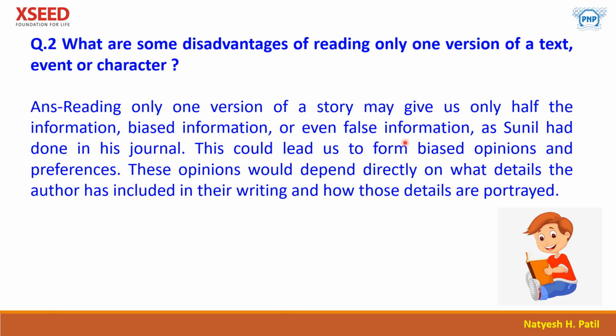But the reality was something different. The reality has been mentioned by Anu, because Anu had written her diary for herself, not to show off or to impress anyone. Correct? So this is the main thing when you read only one version of a text, event, or character. These opinions would depend directly on what details the author has included in their writing and how those details are portrayed.